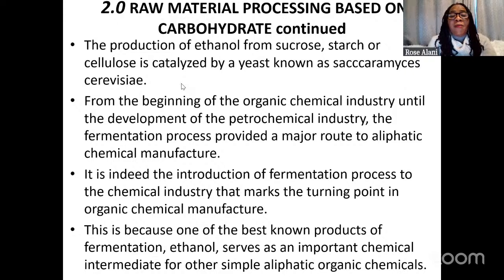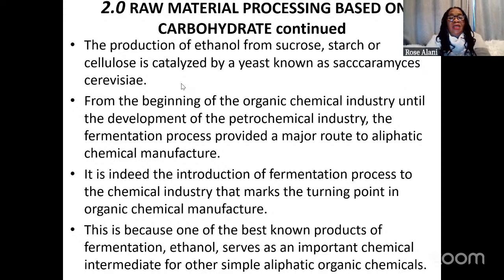From the beginning of the organic chemical industries, until the development of the petrochemical industry, fermentation has provided the major route to aliphatic chemical manufacture.